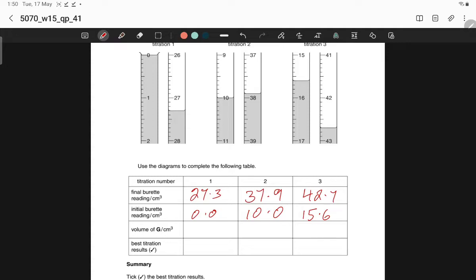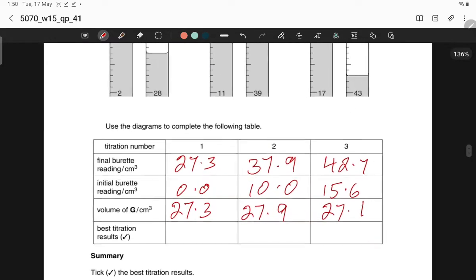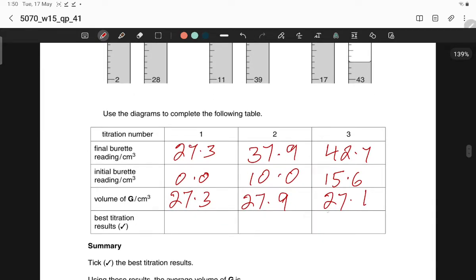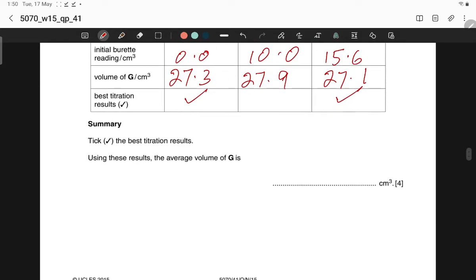So by subtracting we get 27.3, 27.9 and 27.1. So just select the two closest readings, that is 27.1 and 27.3, which are the best titration results.